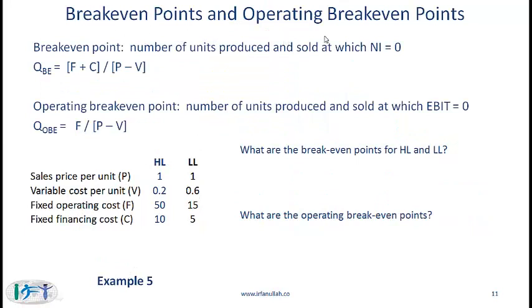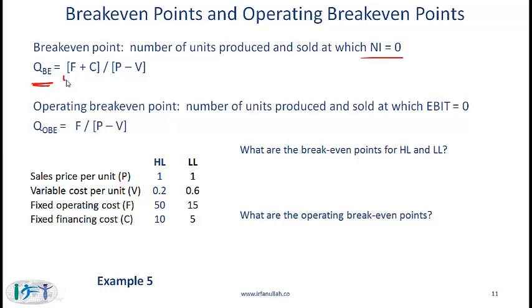Break-even points and operating break-even points. Break-even point is the point where the number of units sold is such that the net income is equal to 0. Generally, this point is referred to as QBE for break-even quantity.